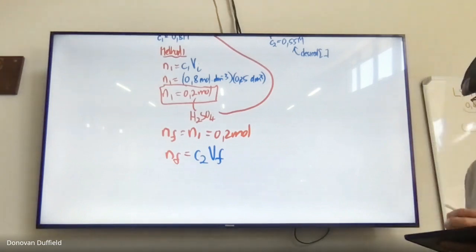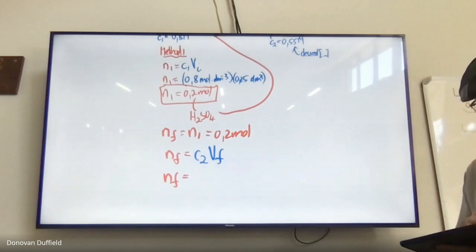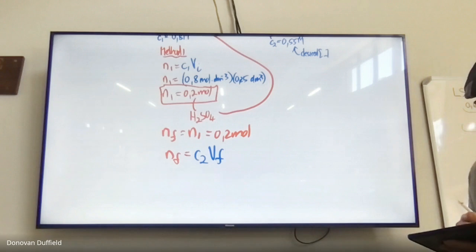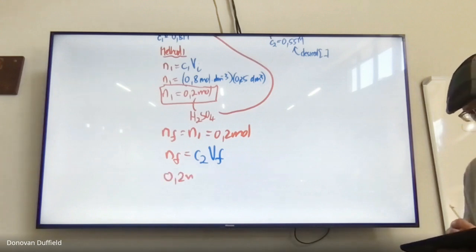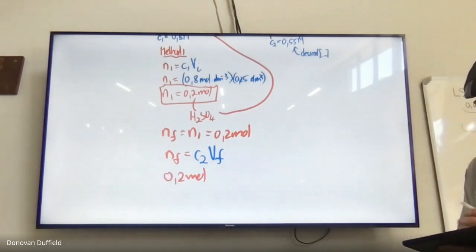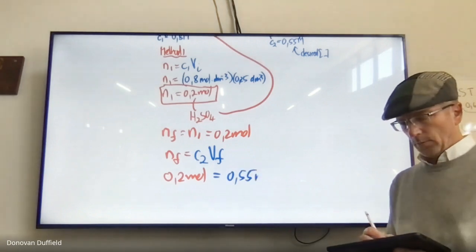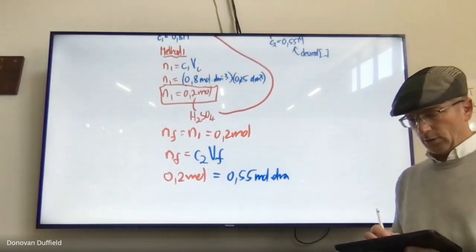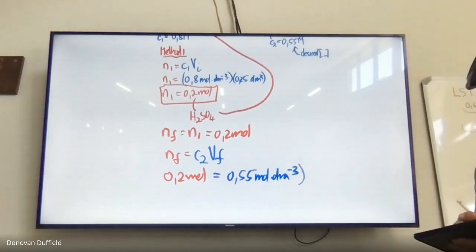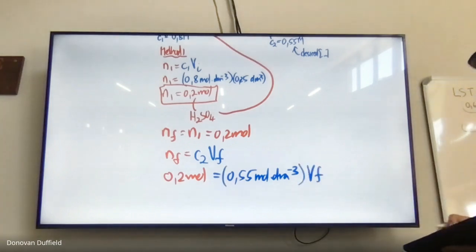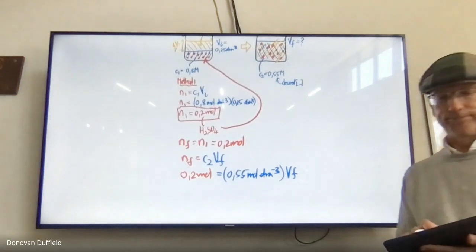So N final is going to be 0.2 moles. Concentration 2 is 0.55 mole per cubic decimeter, and we're looking for V final. It's dilution.